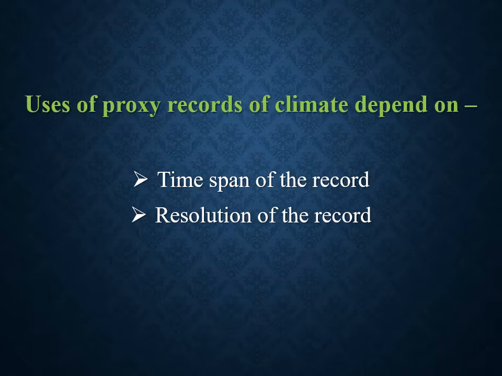The first is the span of the record, that is how far back in time the record allows us to peer, because some proxies are very good for recent climatic conditions, some proxies are good for much ancient climatic conditions. So not all the proxies are the same in time span coverage.